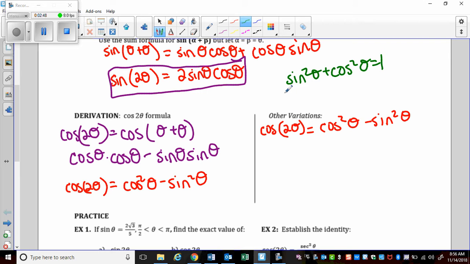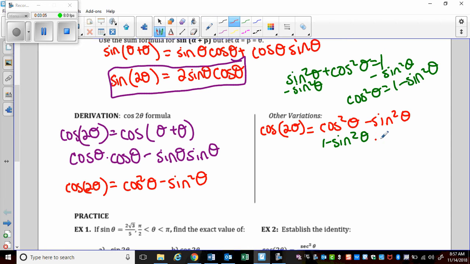So I'm going to subtract sine squared, so cosine squared equals 1 minus sine squared. And I still have a minus sine squared. So this is 1 minus 2 sine squareds. So this is our other variation.